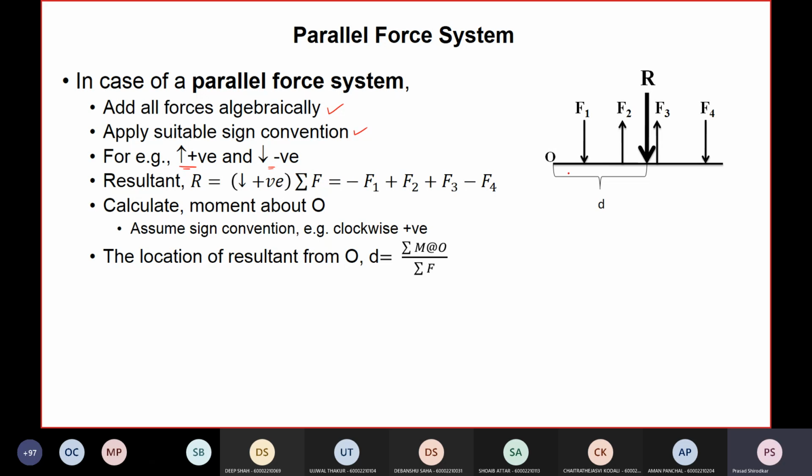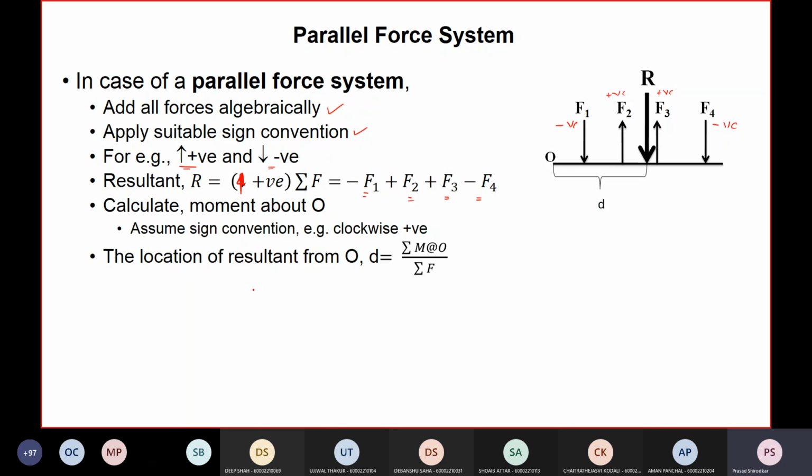Suppose I choose the sign convention upwards positive. Then the resultant becomes minus F1 plus F2 plus F3 minus F1. Whatever forces are in the downward direction are taken as negative, and whatever forces are in the upward direction are taken as positive.